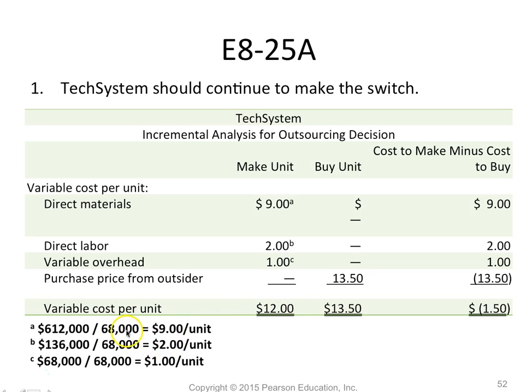When you multiply this by 68,000, there'll be a lot of money saved. So we are still going to be making. TEKsystems should continue to make the switch. So that's basically the answer to the first question.